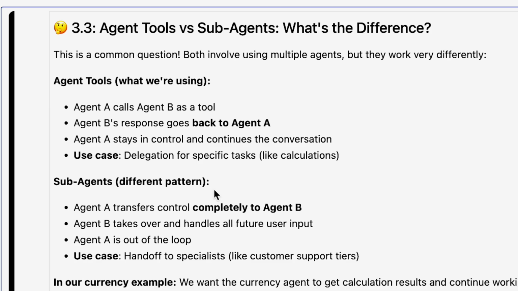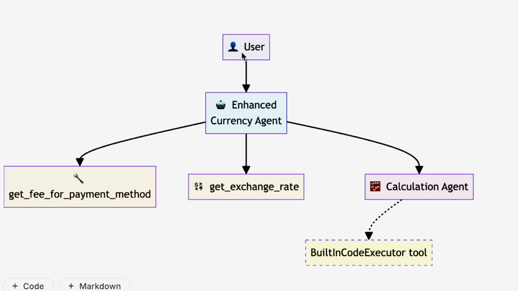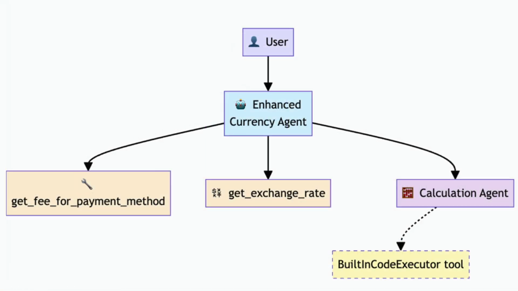This is what you have in subagents, whereas with agent tool, it does not happen that way. If we go back to this flowchart, you notice that this is the whole and sole agent who's interacting with the user. Though it is going back to this agent, getting the calculations and coming back and sharing it with the user, it's taking its help, but it's not losing the control over the user.